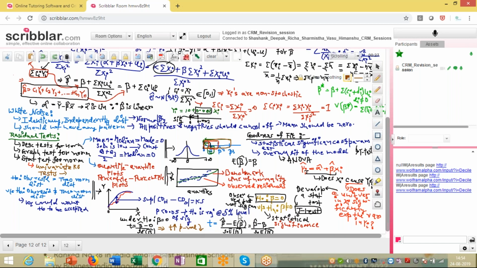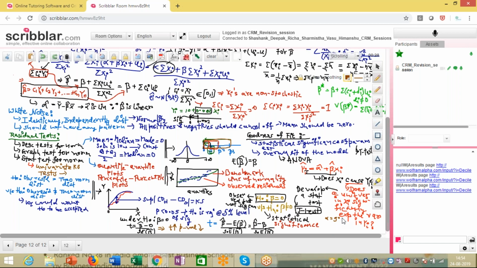Right? And the lower the p-value will be, the greater will be the chances of p less than 0.05 being satisfied. Now we are conducting this test at a level of significance of 5%. This is the default level of significance that we generally work with.